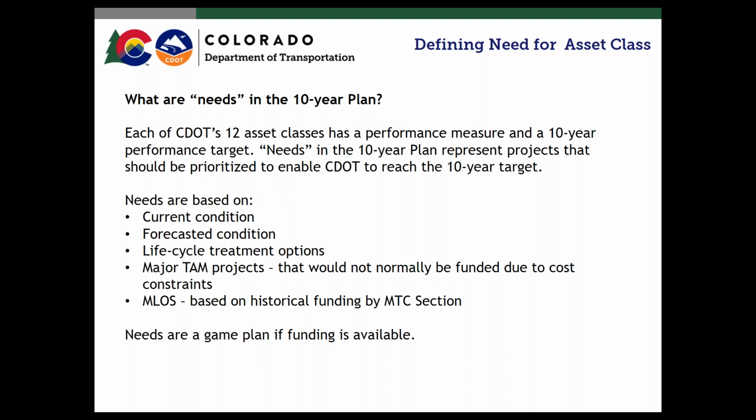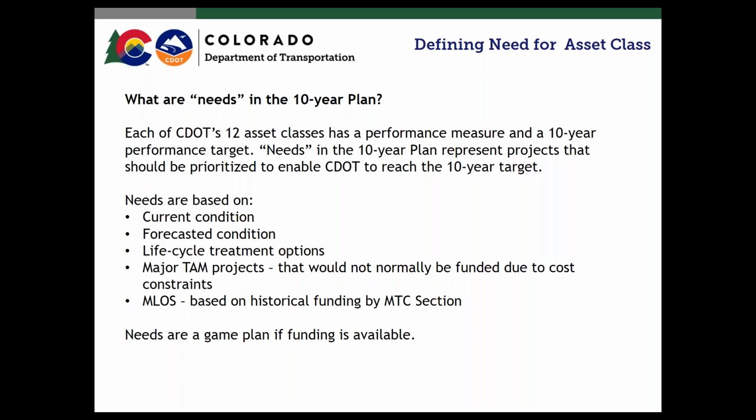And then we look at maintenance level of service. That's what MLOS stands for. MLOS is treated as one of the 12 asset classes when it comes to funding. However, their activities dealing specifically with traditional maintenance are looked at in terms of how they complement the engineering that goes to the 11 other asset classes.